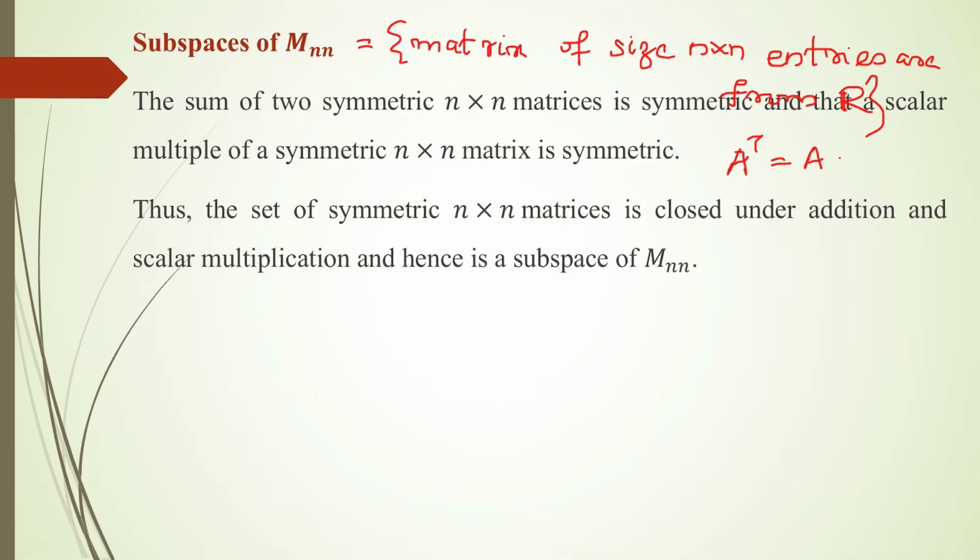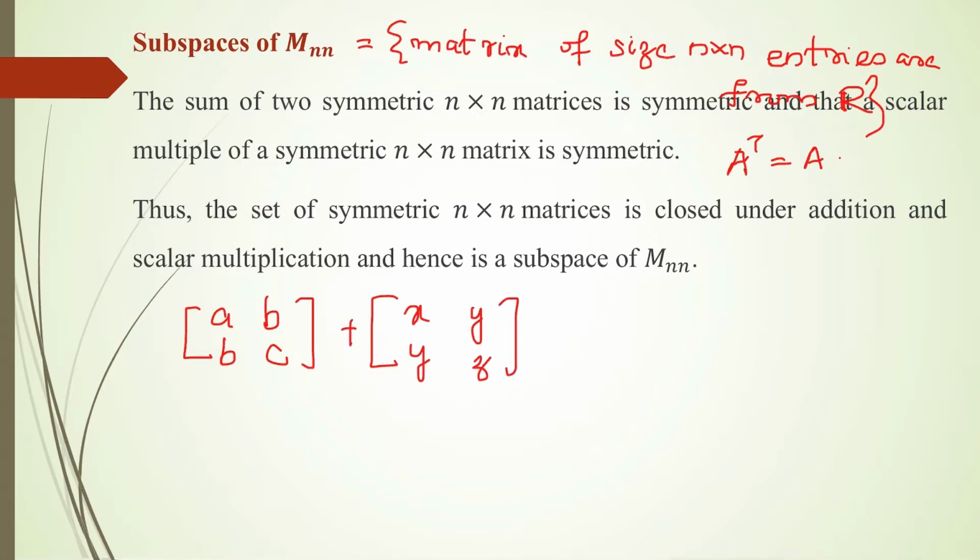So I will explain it with matrices of size 2 by 2. Suppose [a, b; b, c] is a symmetric matrix, and another one is [x, y; y, z].